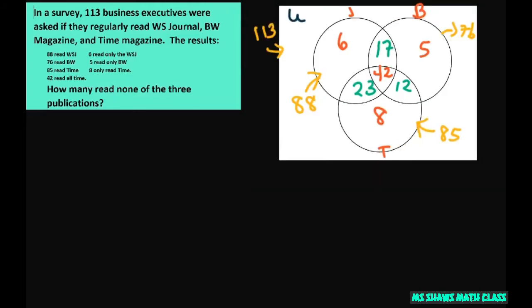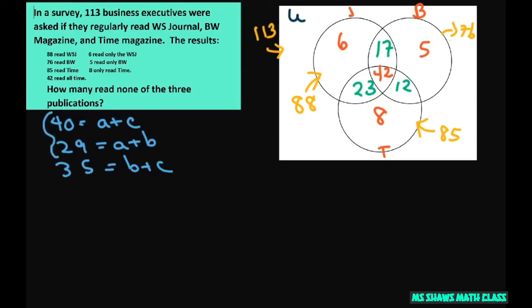So for the next slide, let's copy this down: 40 equals A plus C, 29 equals A plus B, and 35 equals B plus C. What I'm going to do is take the first two and subtract.